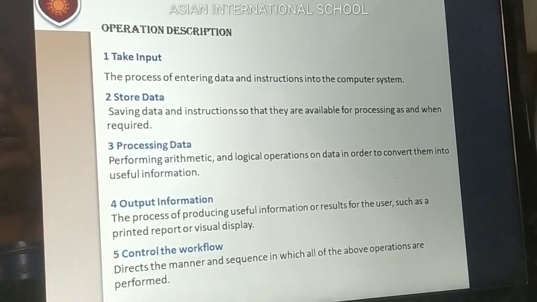There is a control unit which directs where the data goes after it is input from the input device, and where it goes after processing. All this controlling of the work is done by the control unit.